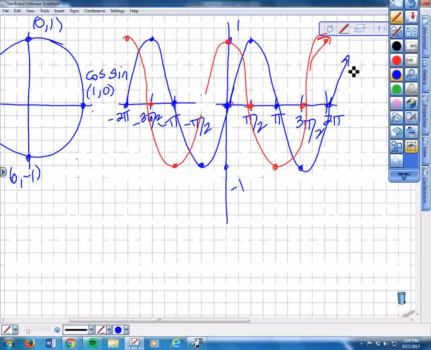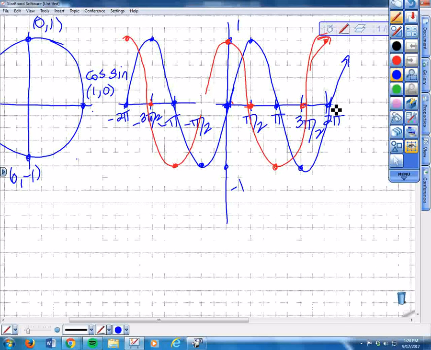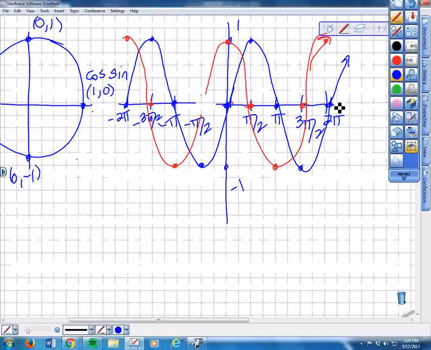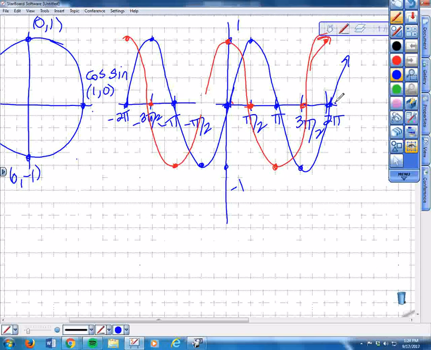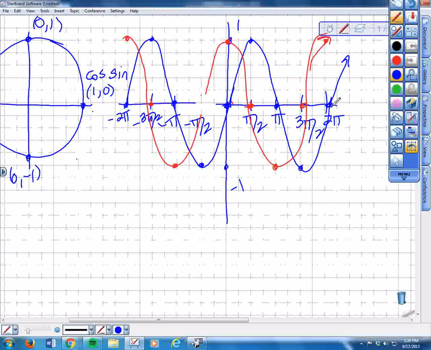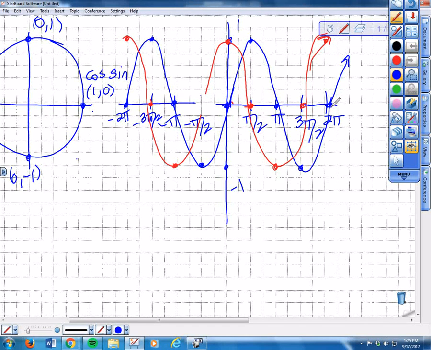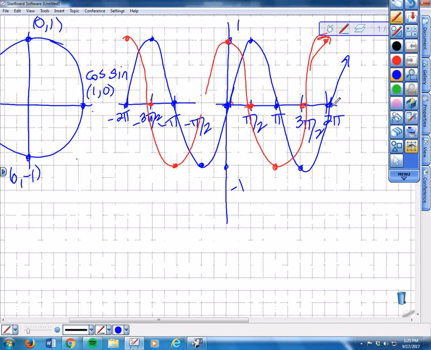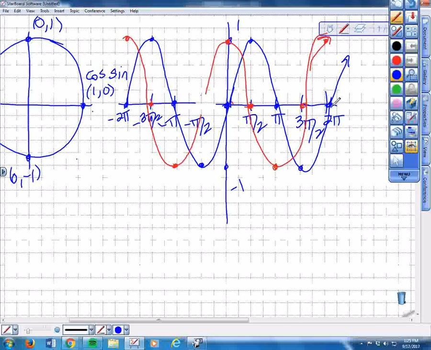So from here to here is one full cycle of sine. From 0 to 2 pi, so 2 pi is the period. And you'll find with cosine it's the exact same thing. It has to go through the full circle, and it's back to starting over again. So the period is 2 pi for sine and cosine.